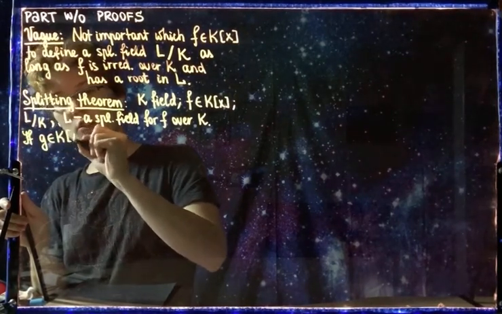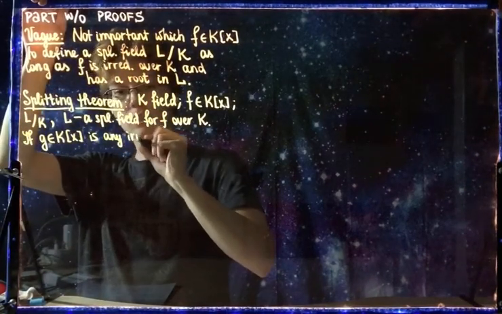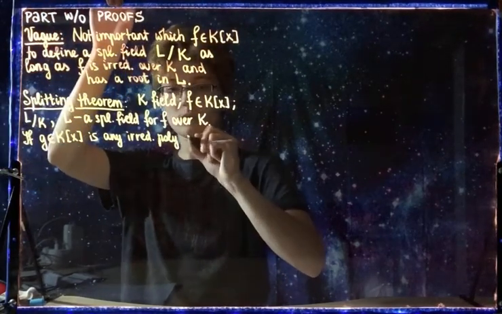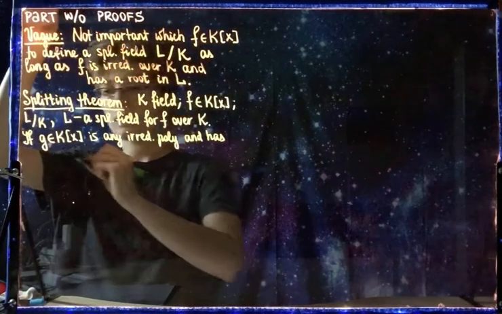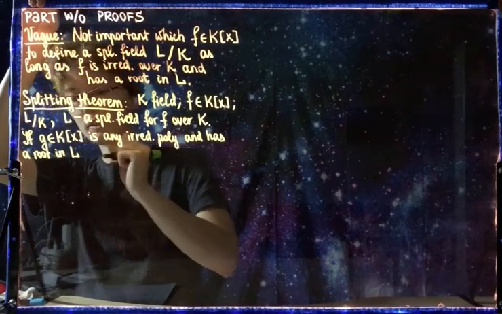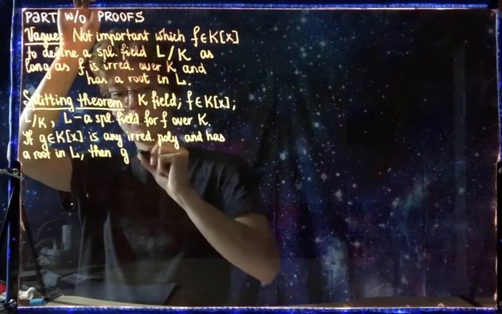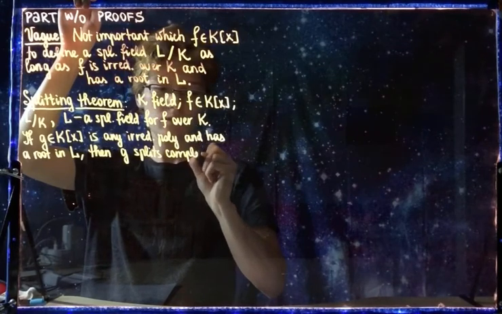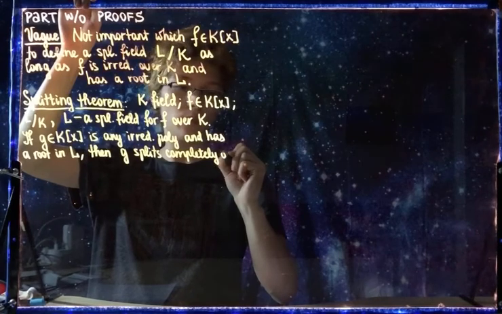If G in K adjoin X is any irreducible polynomial, and has a root in L, then G splits completely over L.